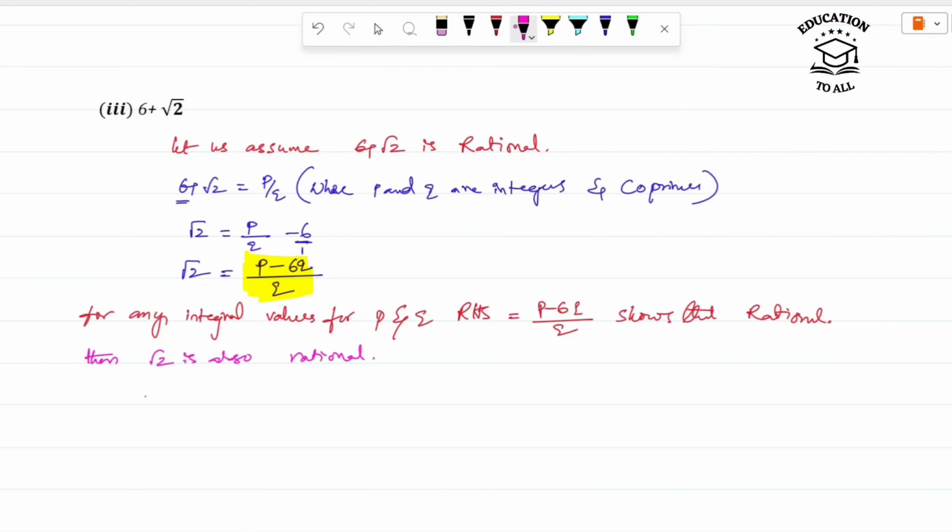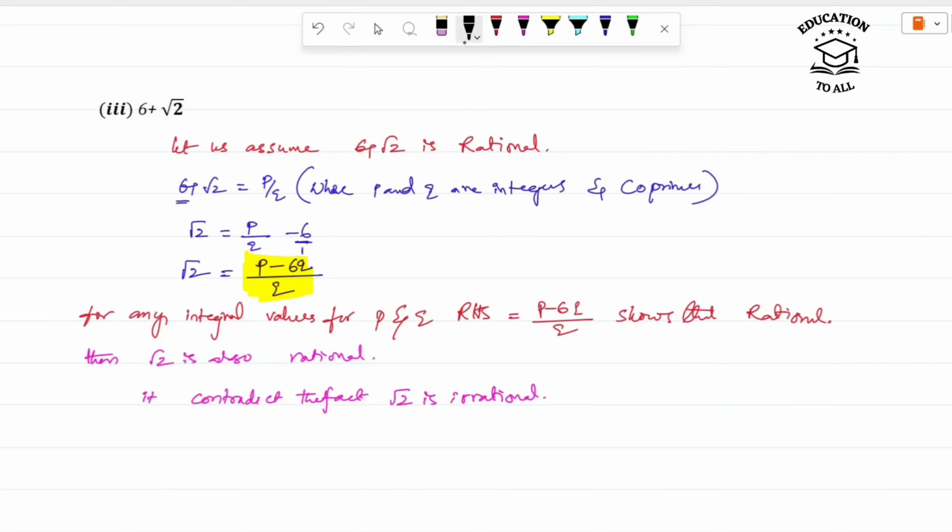Actually, it contradicts the fact. What is the fact? Root 2 is irrational.